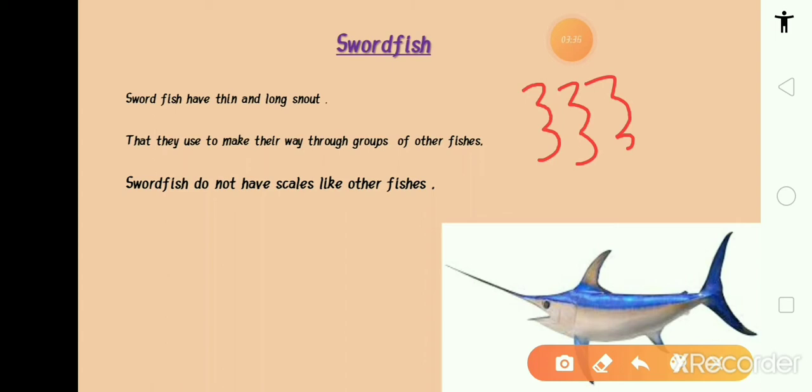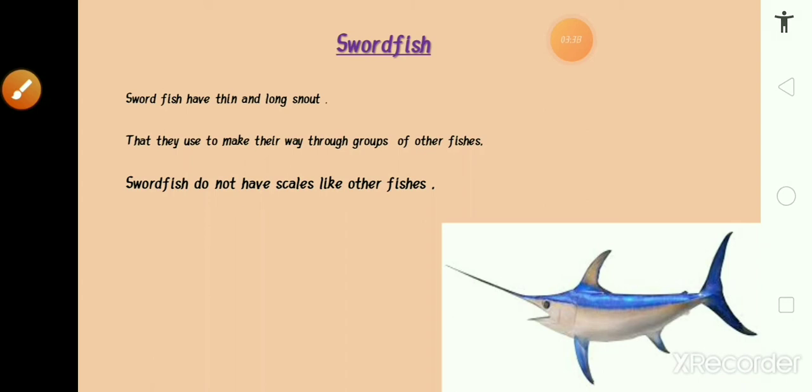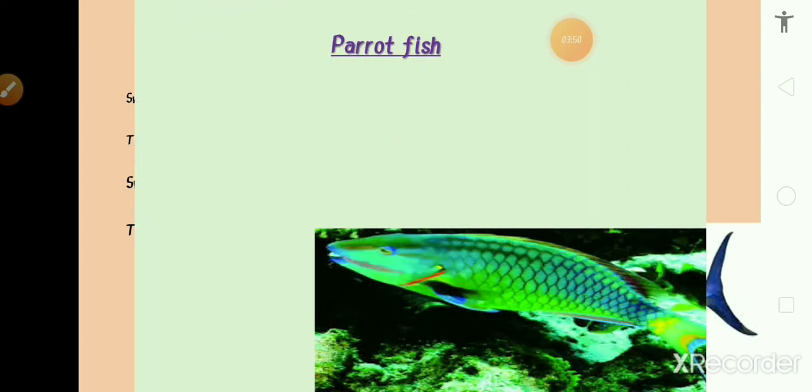So this is the specialty of this fish, and they have blue and silver colored bodies, as you can see. Okay, now come to the next.